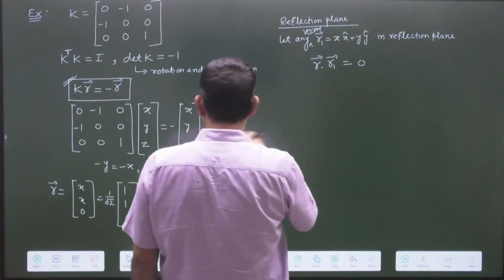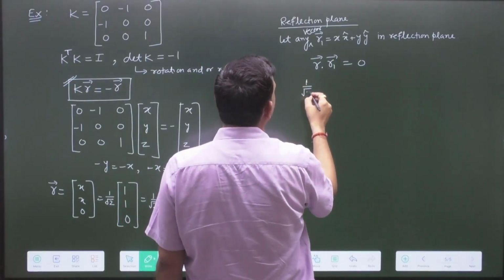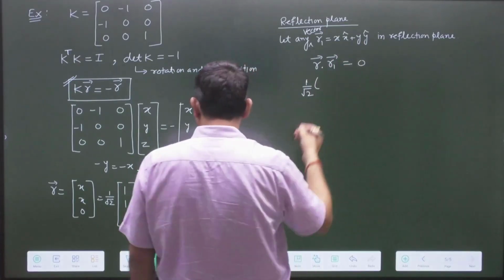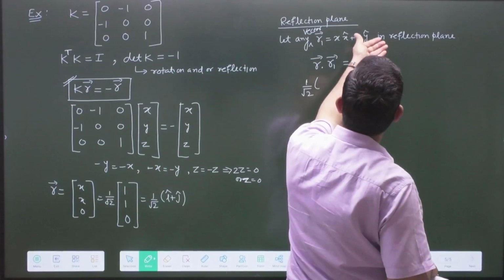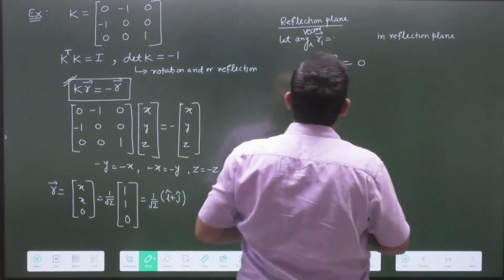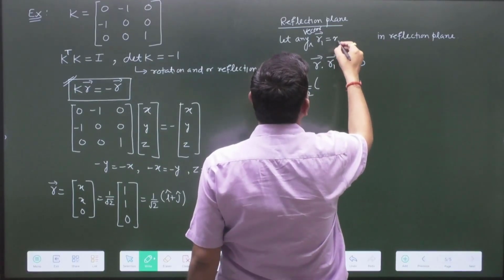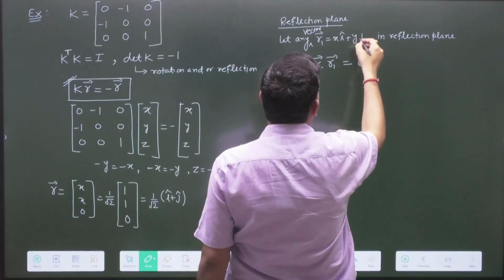So if you take the dot product, what will you get? 1 by root 2 is common. Let's write in the same form: instead of this, I am writing it as x I cap plus y J cap.